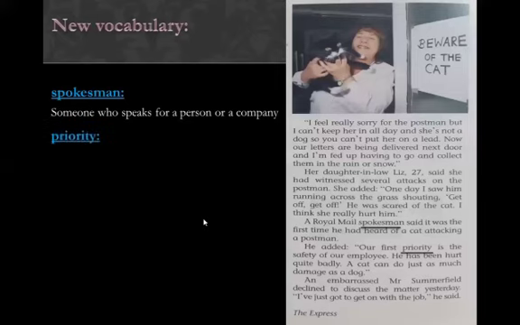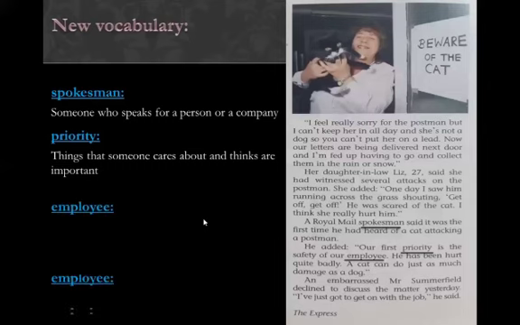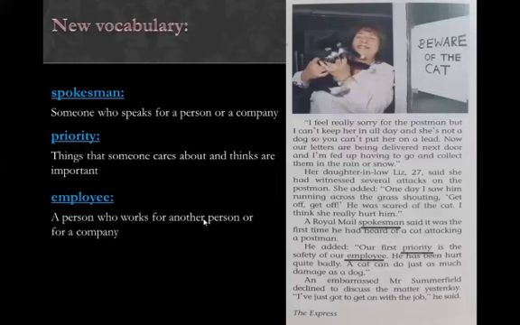Okay, so priority here means things that someone cares about and things are important. So the spokesman said this is our first priority, our first thing we care about is employee, means the person who works for another person or for a company.